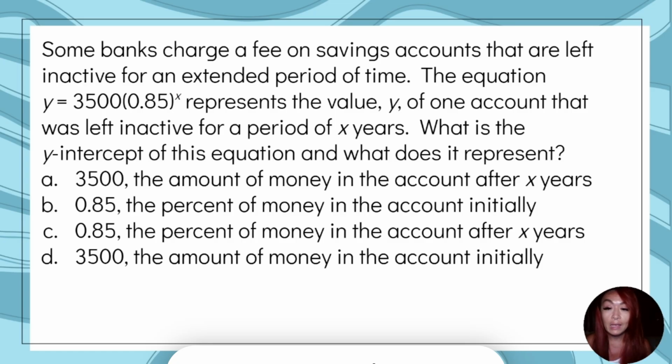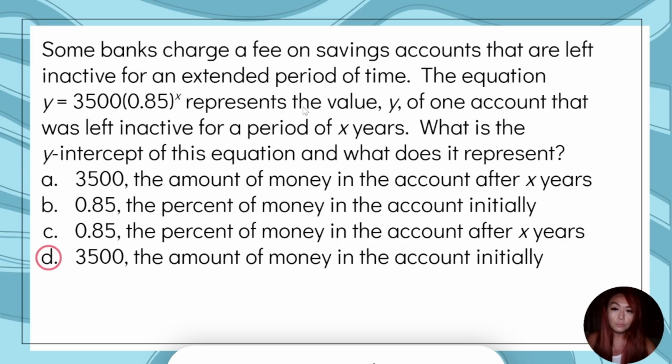So it's not A. It's choice D, 3,500, the amount of money in the account initially. Your y-intercept is your initial amount, your starting value, right? So 3,500, that was our value of a, and we know that the y-intercept is the initial amount. And a in the formula represents the initial amount.